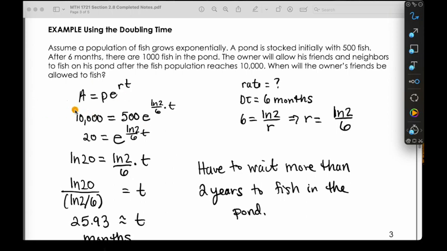Okay, so here we have our equation set up and we need to solve it for t. So I'm going to try to simplify it first by dividing both sides by 500. So I've got 20 is equal to e raised to the power of the natural log of 2 over 6 times t. Now I'm going to take the natural log of both sides.